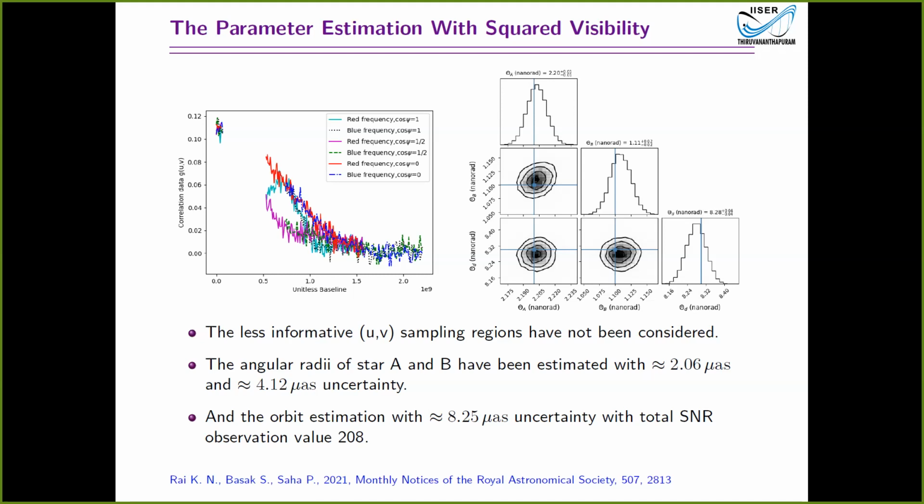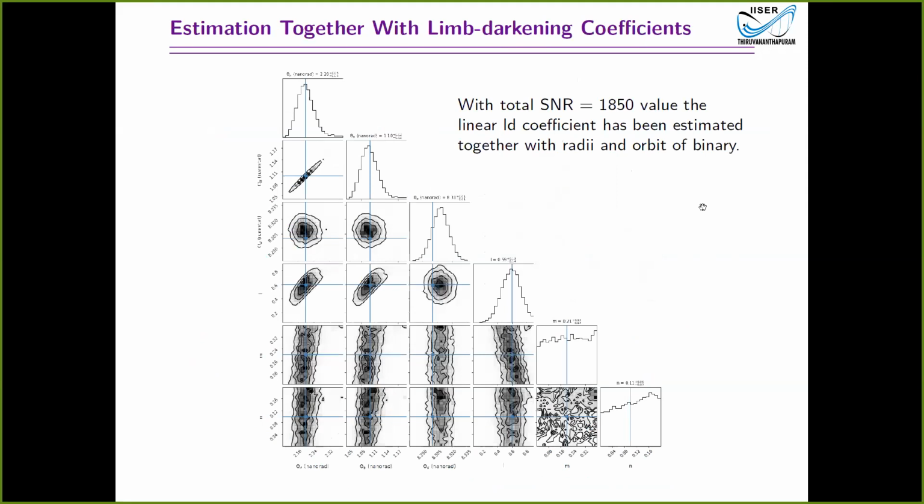Not only these three parameters, even when we assume the limb darkening model of stars follows the sum of linear, quadratic and cubic terms, we have estimated the linear limb darkening coefficient also together with the other three parameters. The total SNR value of this instrument was 1850.